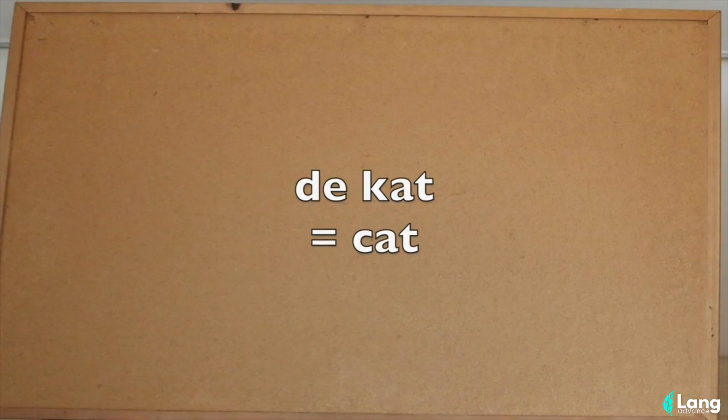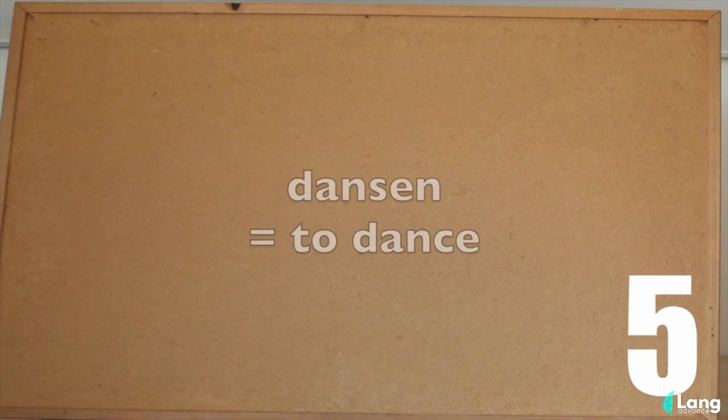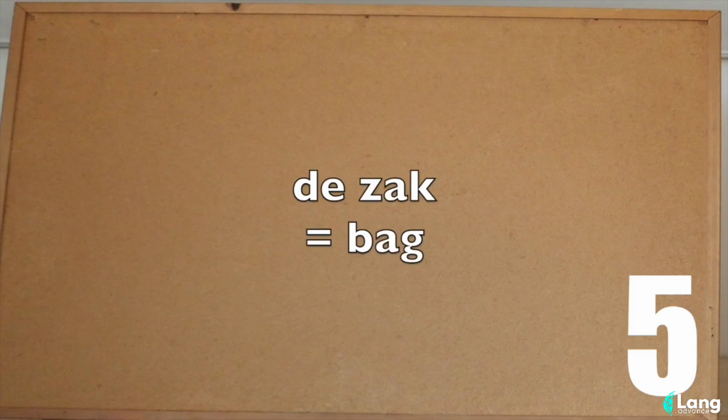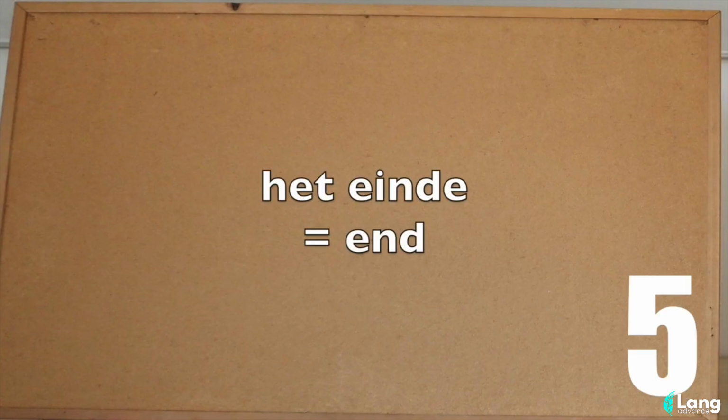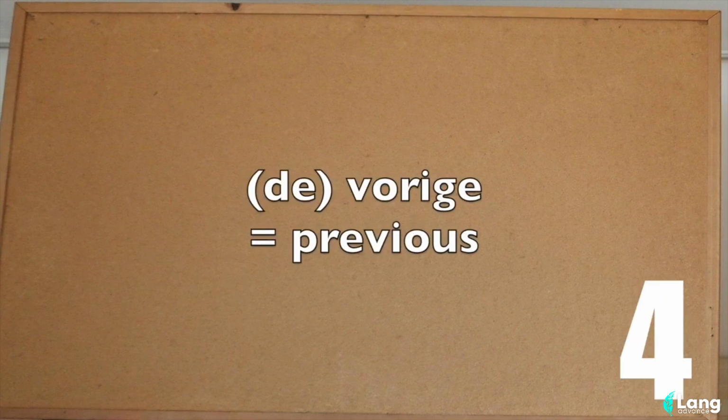De kat, that's a cat. De muis, that's a mouse. Dansen, that's to dance. De zak, that's a bag. Het einde, that's the end. De vorige, that's the previous.